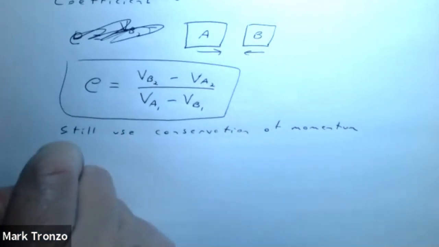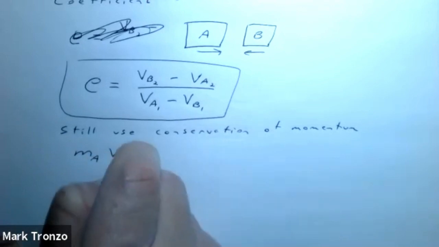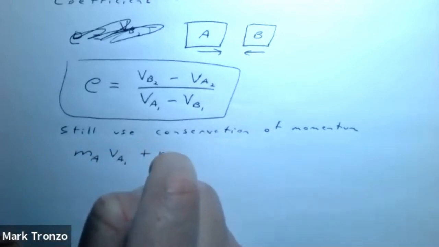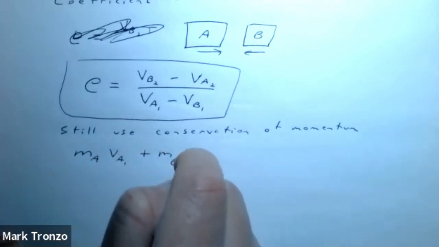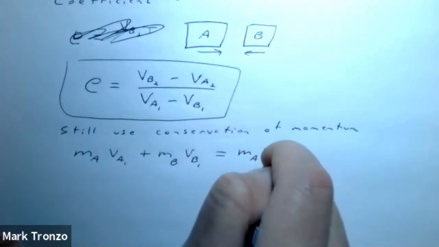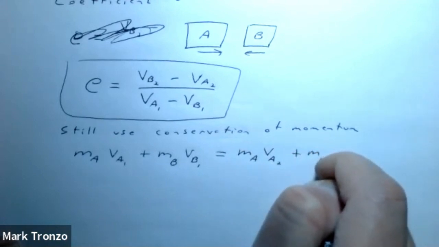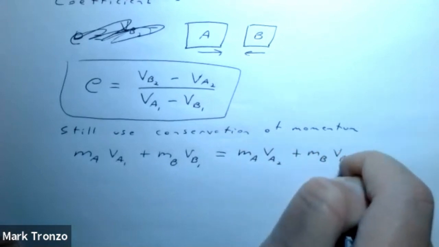which is mA vA1 plus mB vB1 equals mA vA2 plus mB vB2.